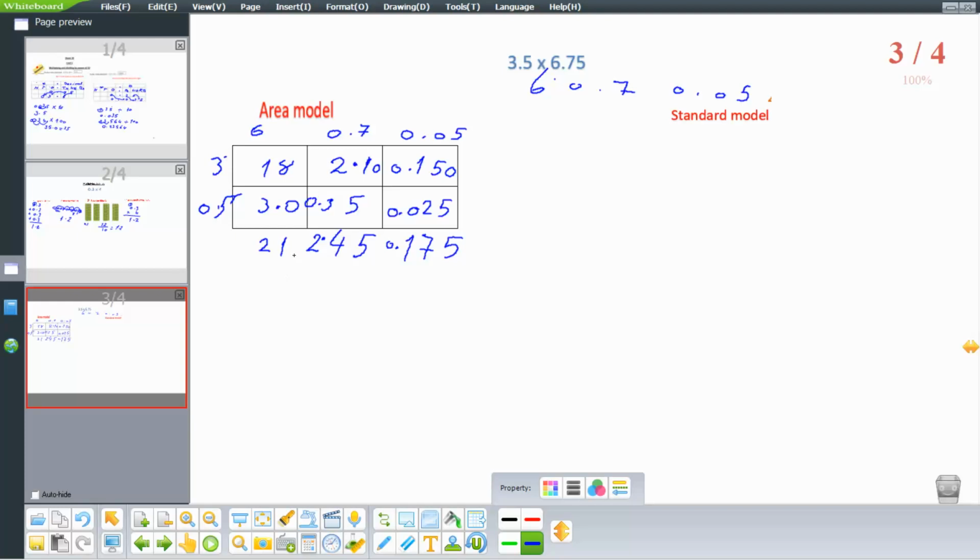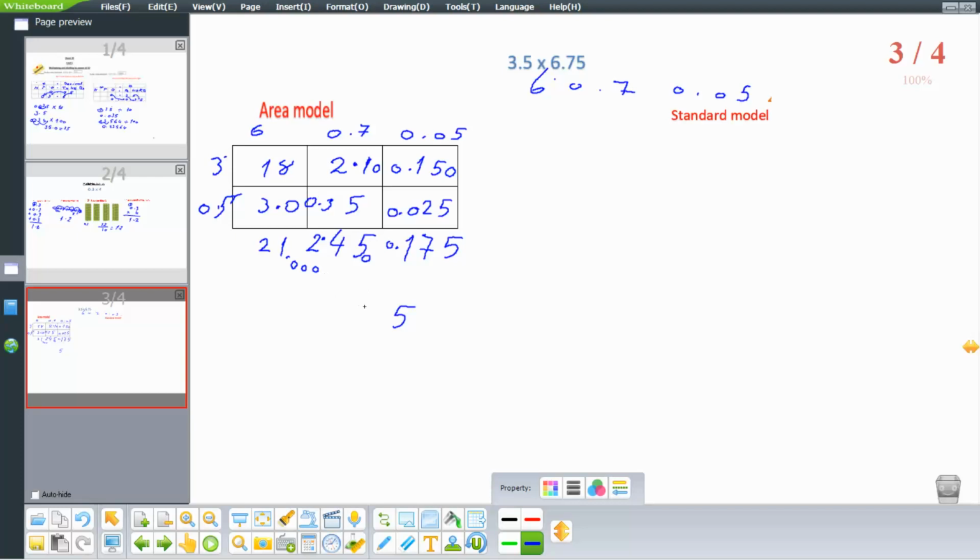Okay, let's add. So here we have 1. Here we have the point and put 3 decimal places. Okay, 5 plus 0 equal 5. 7 plus 5 equal 12.